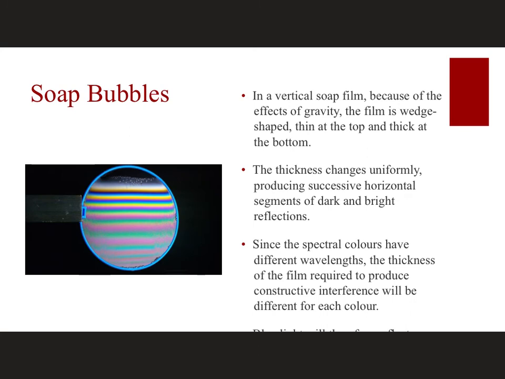So let's use another example here of soap bubbles. So if I have my soap bubble here and it's held vertically, one of the things for us to realize is it's thinner at the top and fatter at the bottom. Okay, and so when I have this thin film interference happening, I'm going to have a different thickness at the top than I do at the bottom.